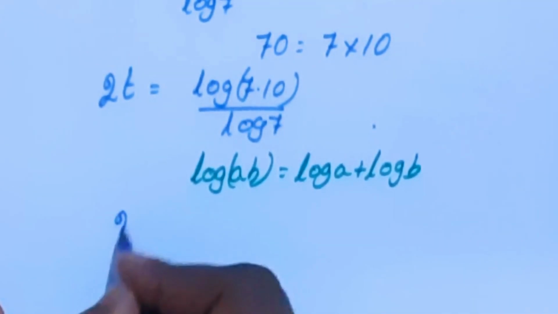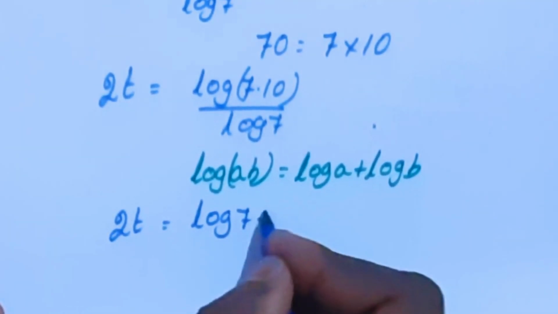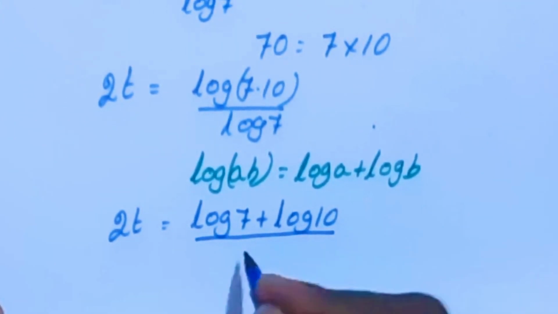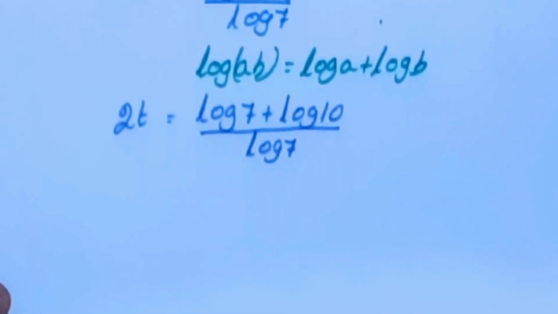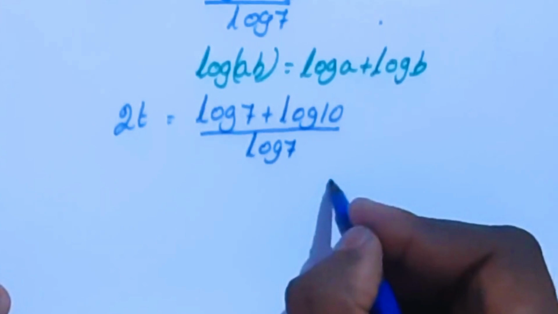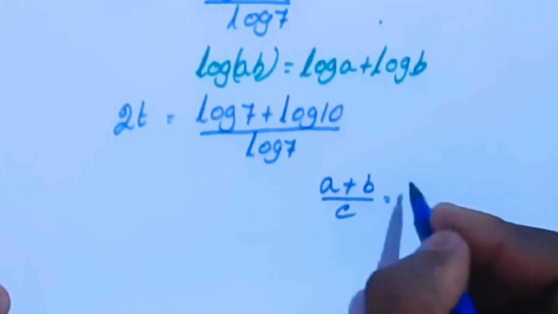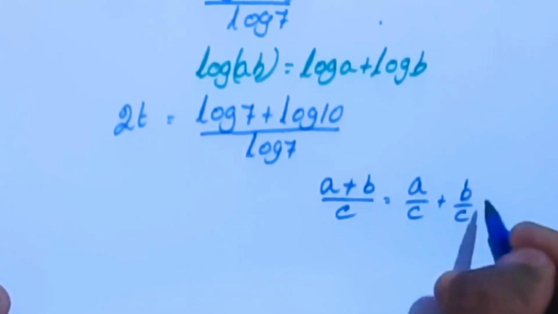So 2t equals (log 7 plus log 10) by log 7. This can be written as (a plus b) by c equals a by c plus b by c.